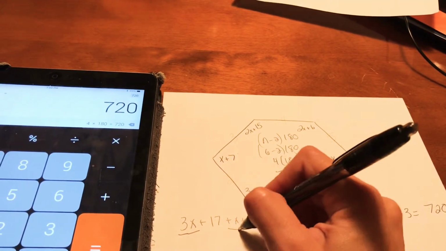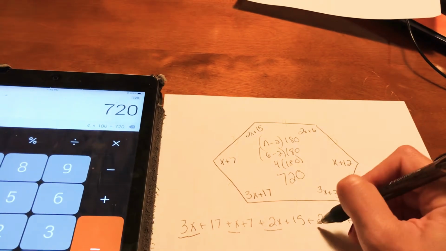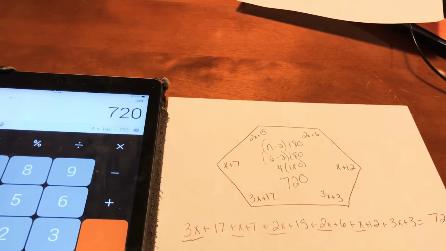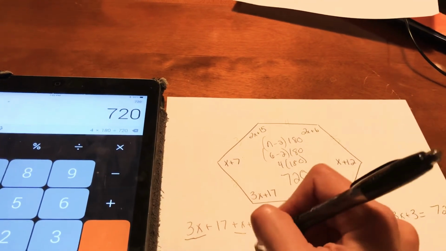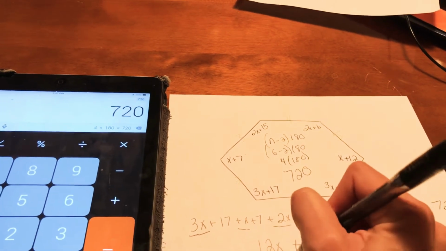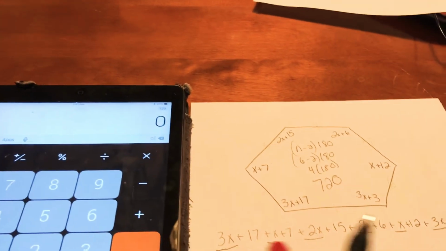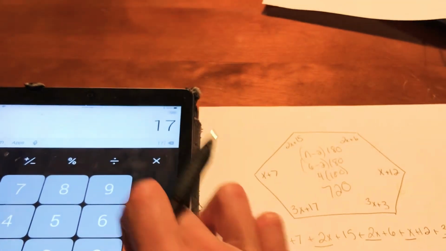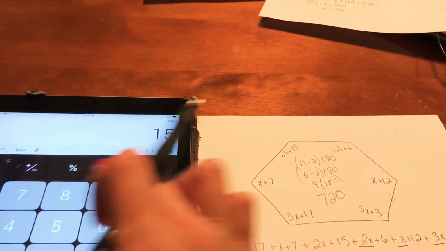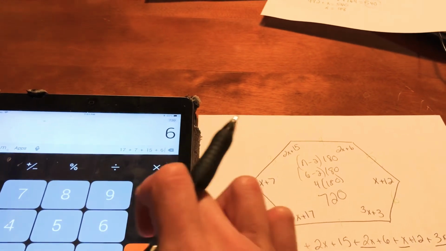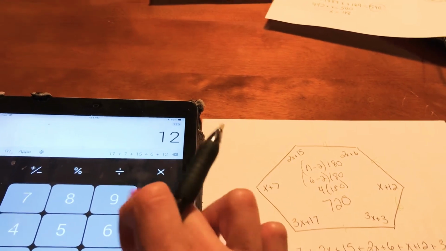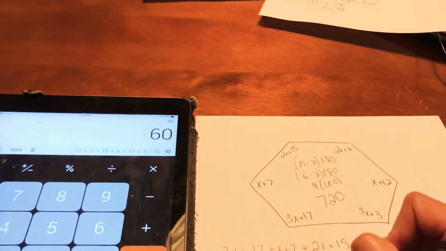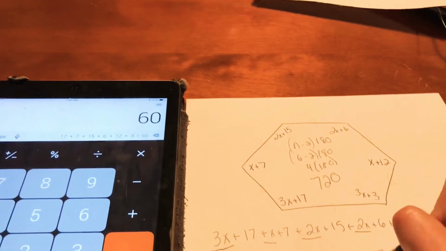So I have 3, 4, 5, 6, 7, 8, 9, and 9 plus 3 would be 12. So I have 12 x's plus. For just the numbers now, I have 17 plus 7 plus 15 plus 6 plus 12 plus 3, and that gives me 60, is equal to 720.